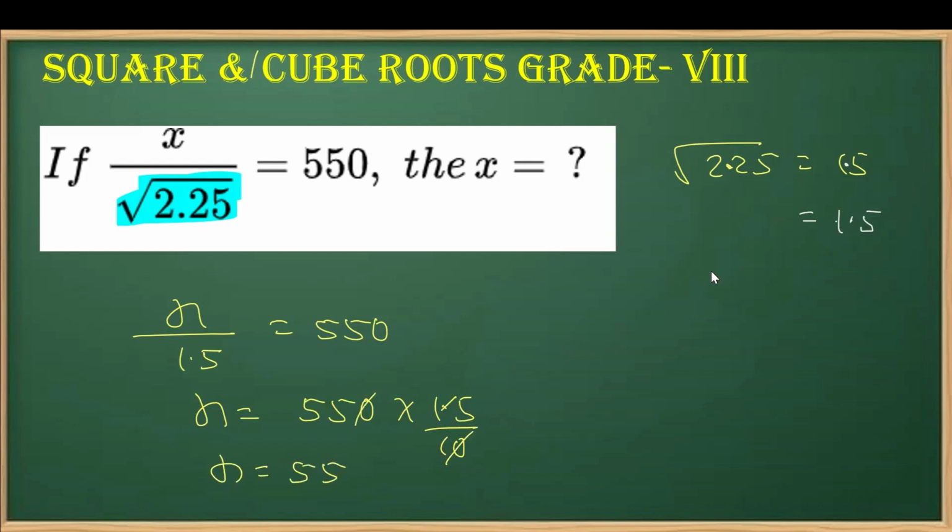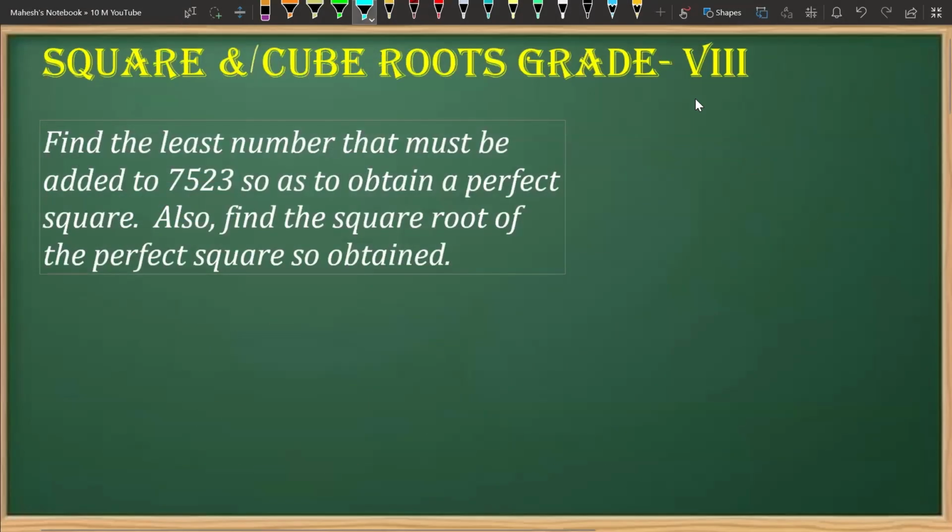Finally, we are going to multiply 55 with 15. So we know that 15 multiplied by 55, if you calculate, you are going to get x as 825. Yes, so we say that we got the answer here, and the correct answer for x is 825. That should be the answer.